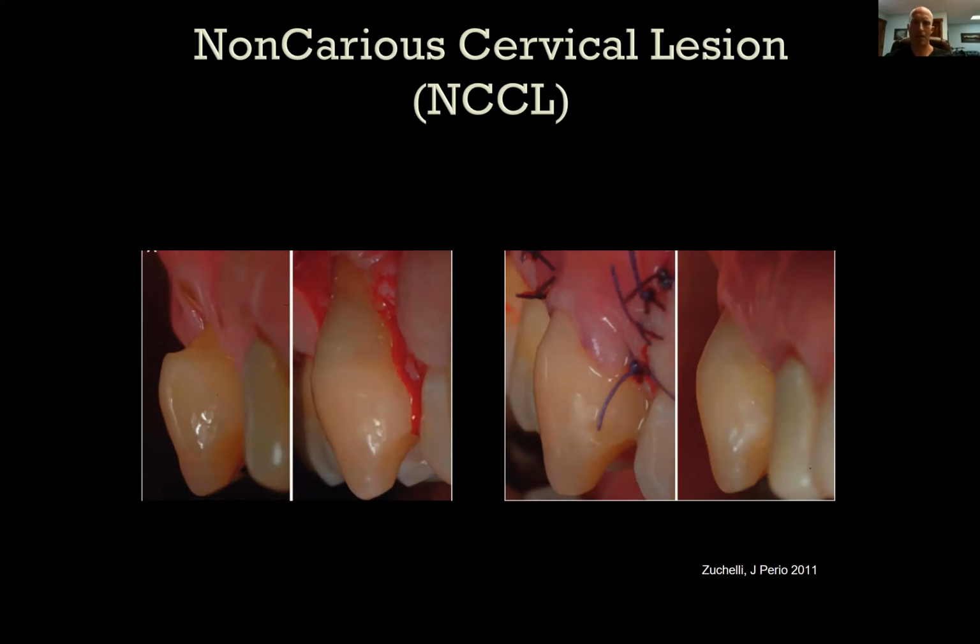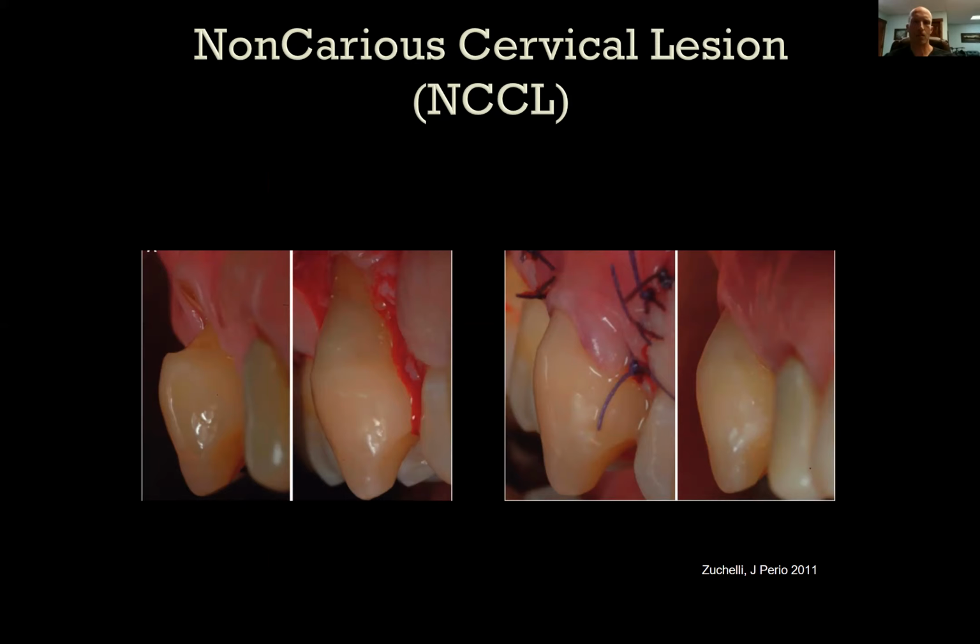Here's what I consider a beautiful case by Zucchelli, who's a great periodontist, a great surgeon, working with his restorative partner. He had a glass ionomer restoration placed on tooth number 6 here, and the occlusion was adjusted as well. I'll note that.